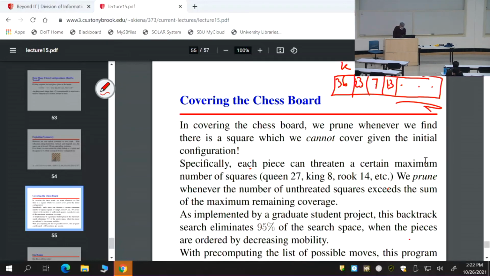The quicker I can make a decision that this partial solution will not help me, that it can't be extended into a better solution, the better off I am. How would I stop my search?